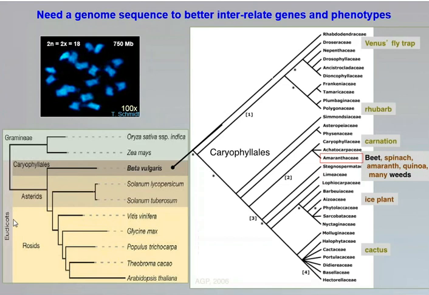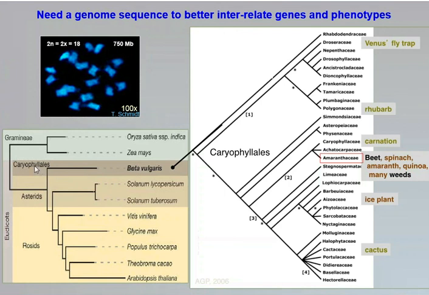But here in this particular panel is a phylogenetic relationship between monocots and dicots, and the Caryophyllales, from which Beta vulgaris is a member, forms a different group.